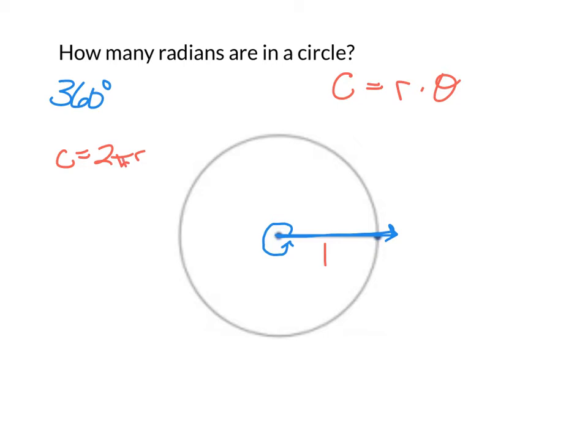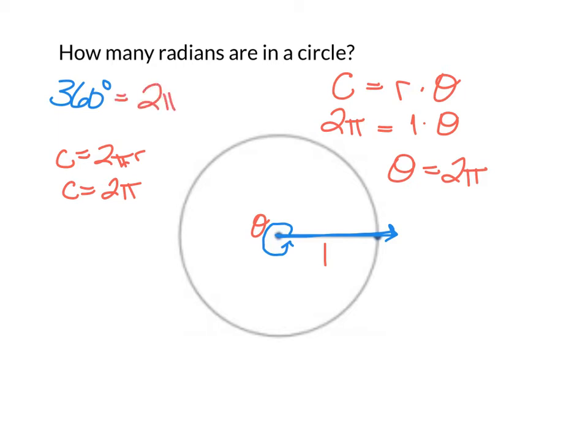And since r is 1, that means the circumference is 2 pi. In this case, our radius is 1, and we want to find out what theta is, being this angle. Dividing both sides by 1, it's obvious that theta is 2 pi, which means 360 degrees is 2 pi radians.